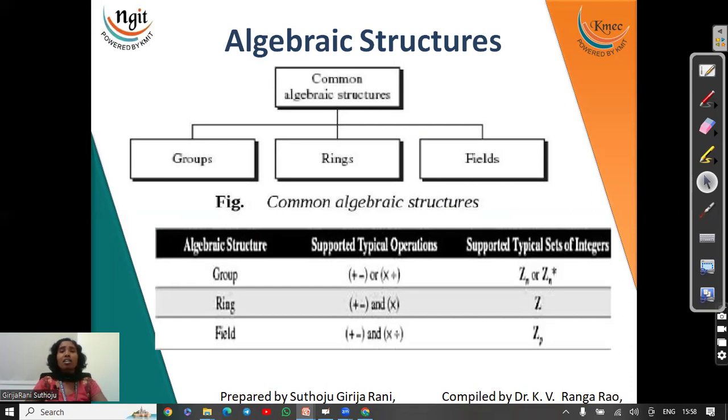These structures are hierarchically divided into three types: groups, rings, and fields. Let us look at the small differences between these.